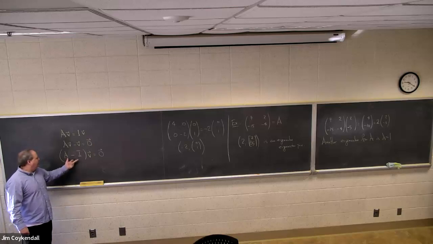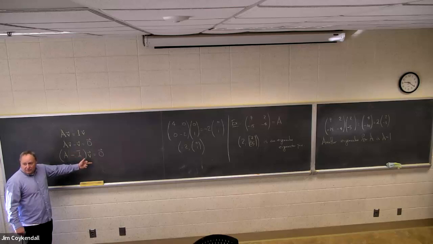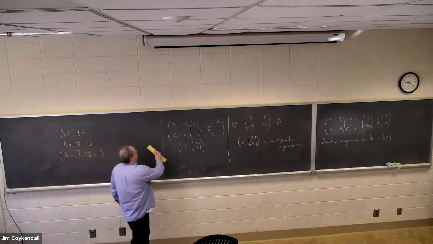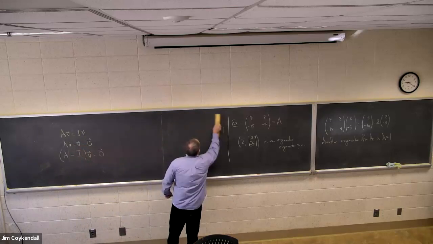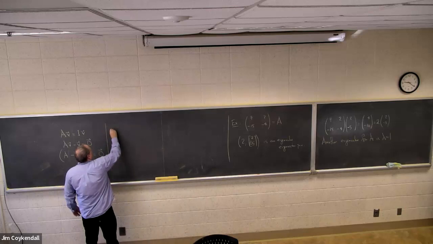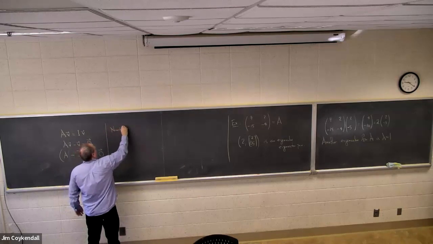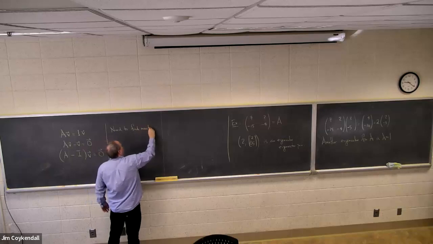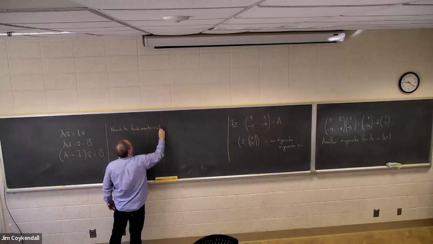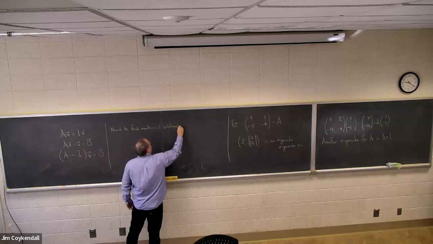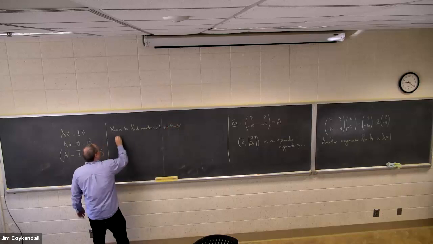The determinant must be 0 if it's got a non-trivial solution. So to find the eigenvector, we need to find a non-trivial solution.